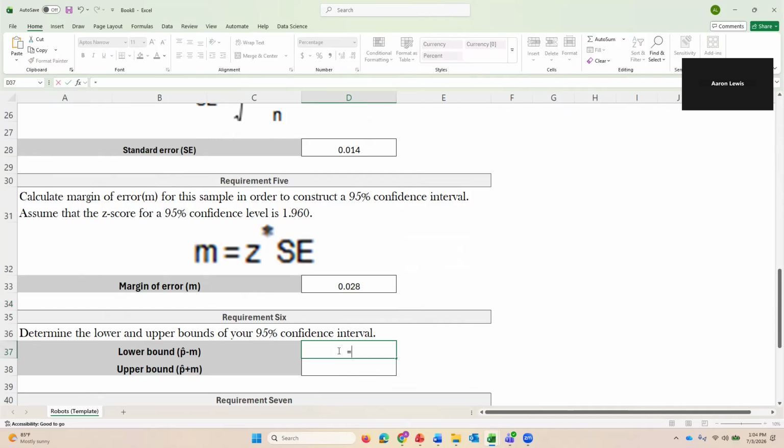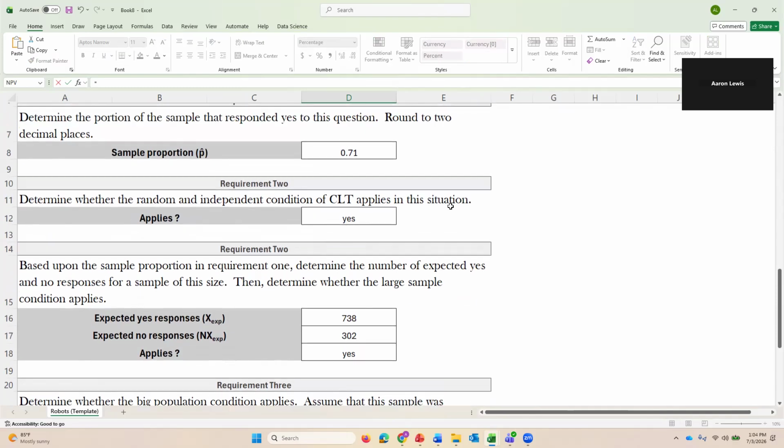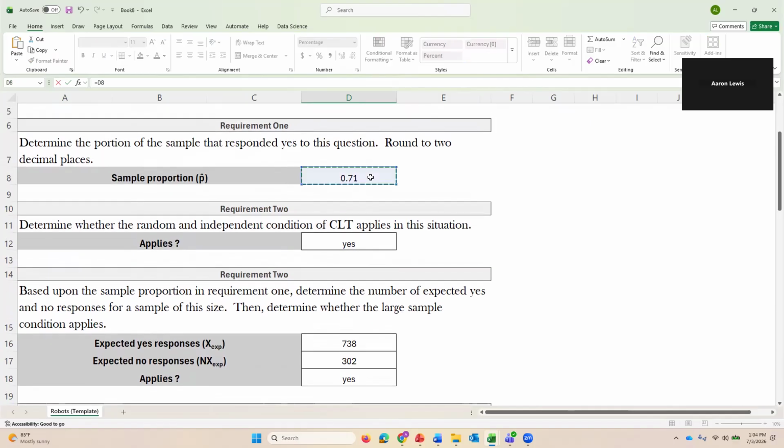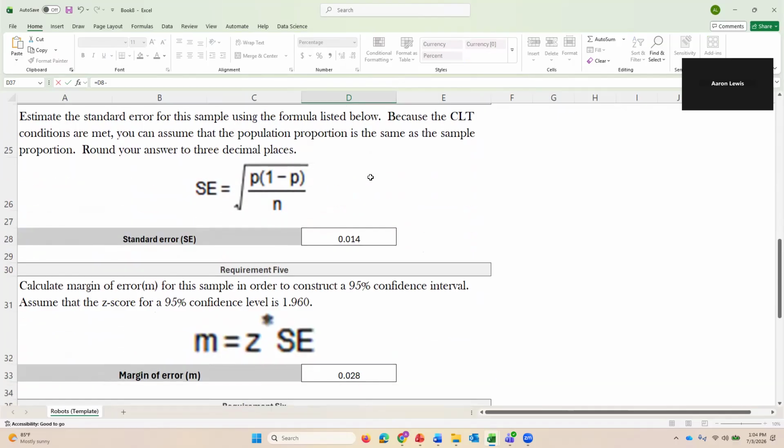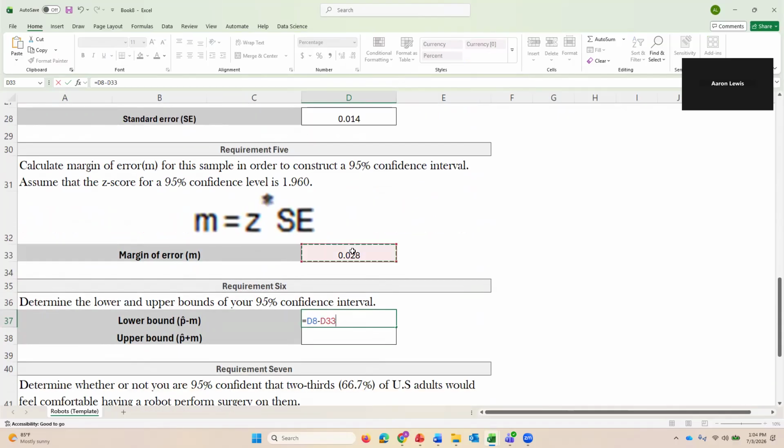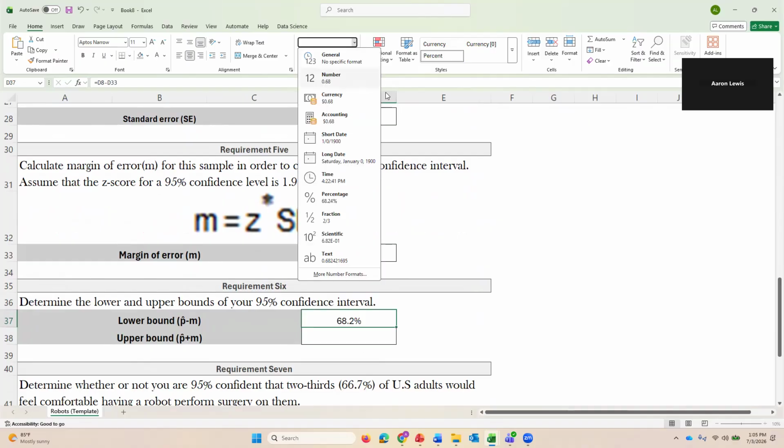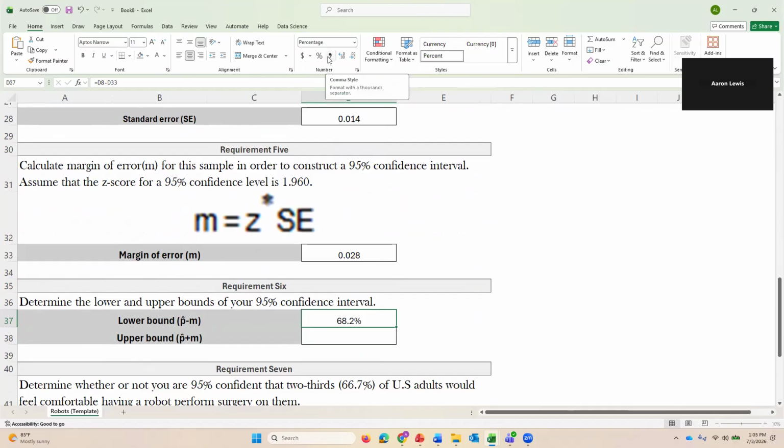So for our lower bound, our sample proportion thus far has been 0.71. We're going to subtract from that the margin of error that we just calculated, 0.028. It comes out to 68.2%, or if I want to put it into decimal form, there we go, 0.682.